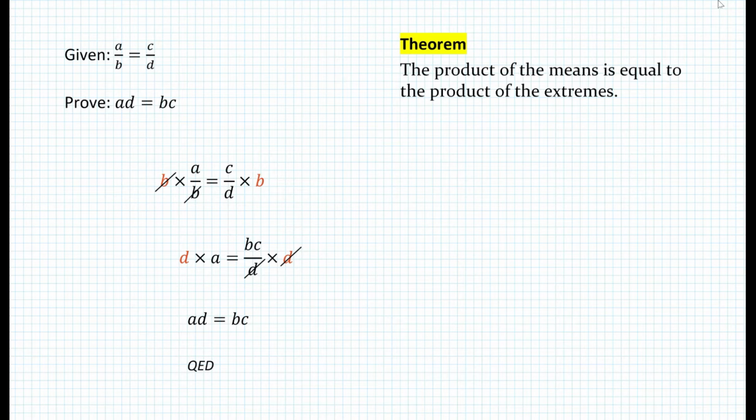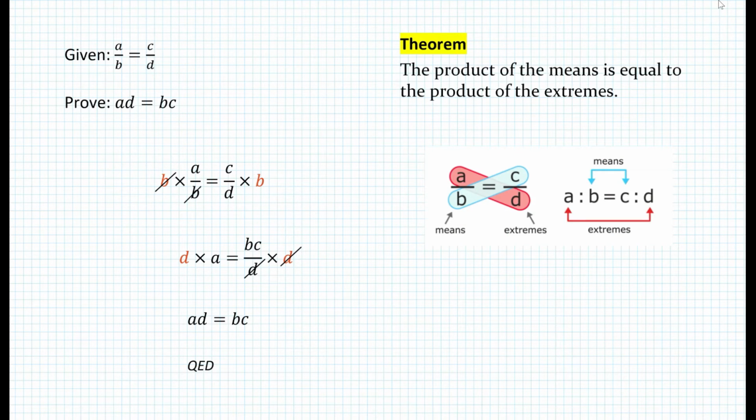But what are the means and what are the extremes? Well, in this particular example, the means are simply the b and the c values, or as you can see on the right side of this figure, the means are the numbers that are closest to each other when you write them with colons, as shown. And the extremes are the ones that are furthest apart, written with colons.